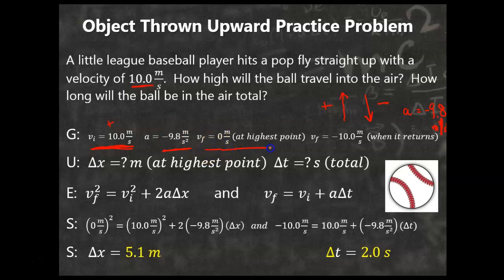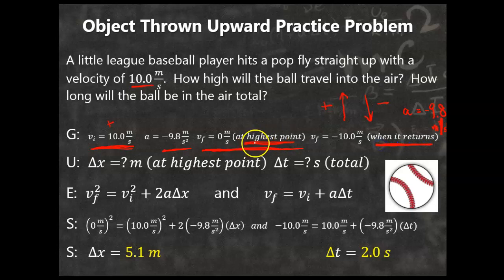Our final velocity, now we're not considering this to be the round trip because we're saying the final velocity is 0 at the highest point. So we're doing this analysis to the highest point, okay? And our final velocity will be negative 10 meters per second when it returns to the ground. So it depends how we want to do our analysis.